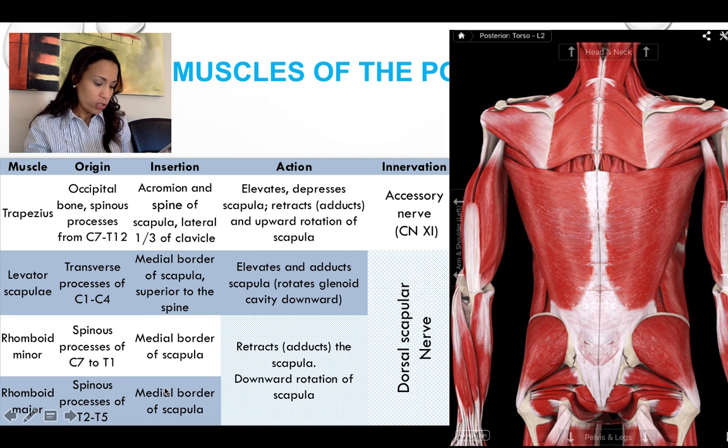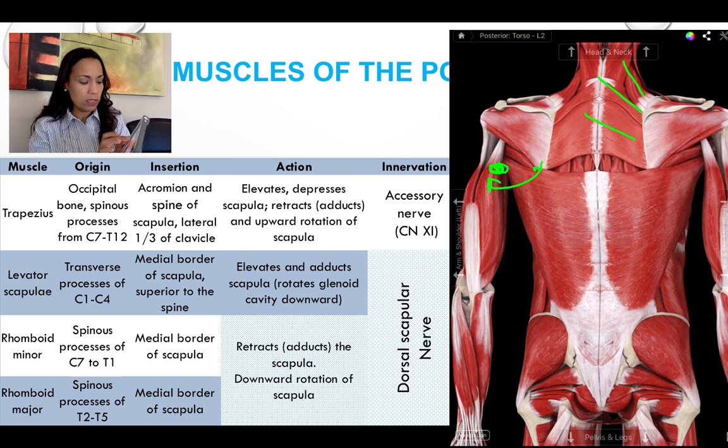Now, look, the levator scapula, rhomboid minor, and rhomboid major, the three of them can aid once the scapula is upward rotated, so the angle is in here.